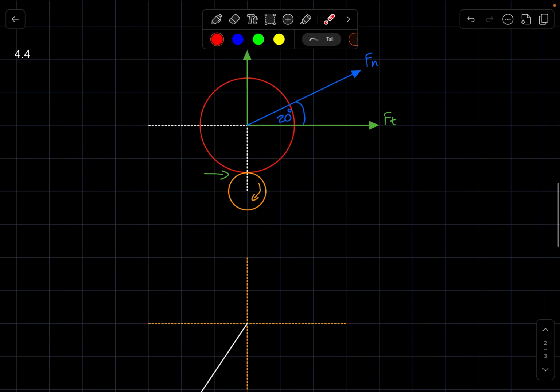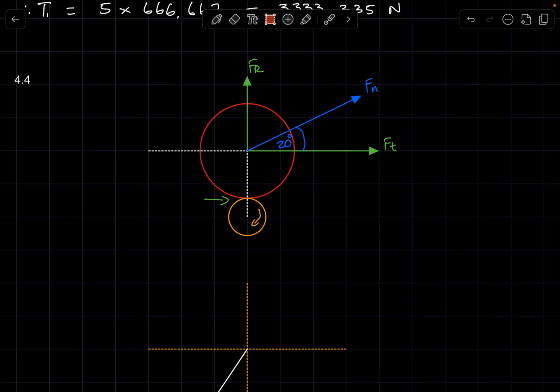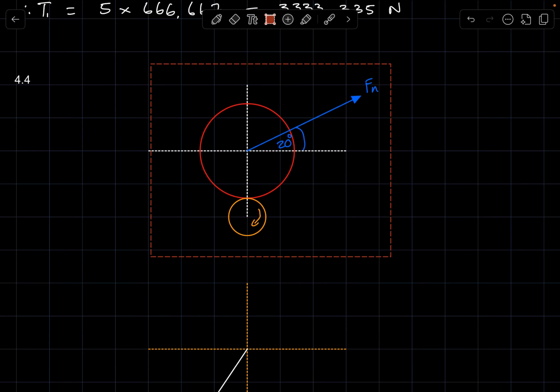Once you've established where your normal force is acting, you can now get rid of these two components, the two forces we used to establish where the normal force is acting. Once that is established, you no longer need them.